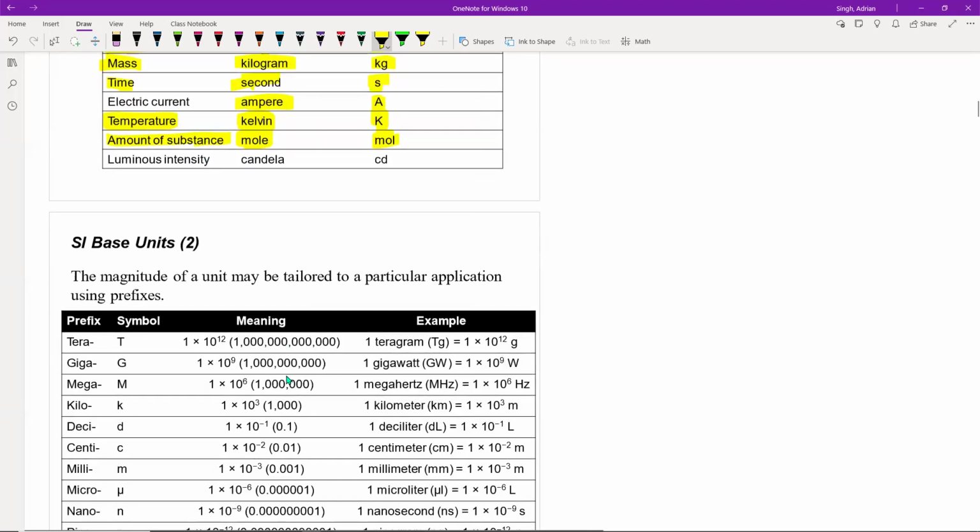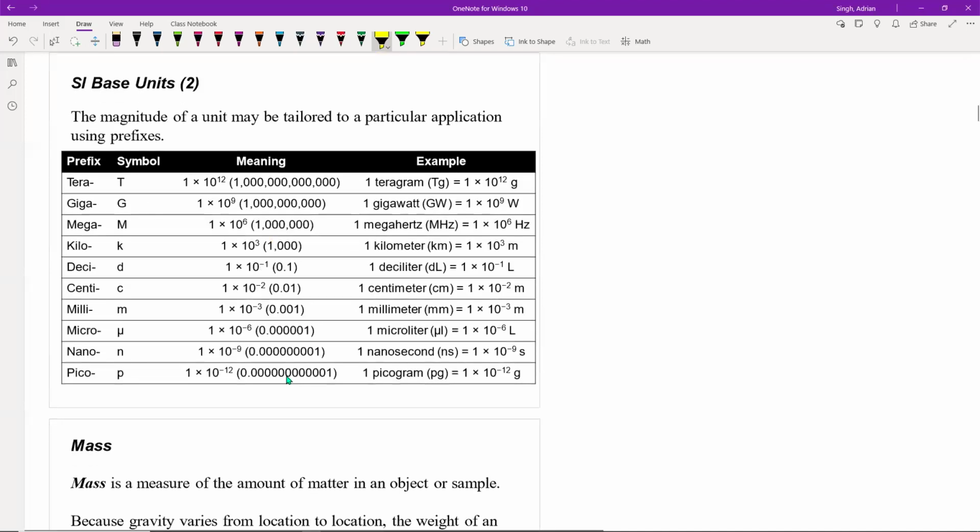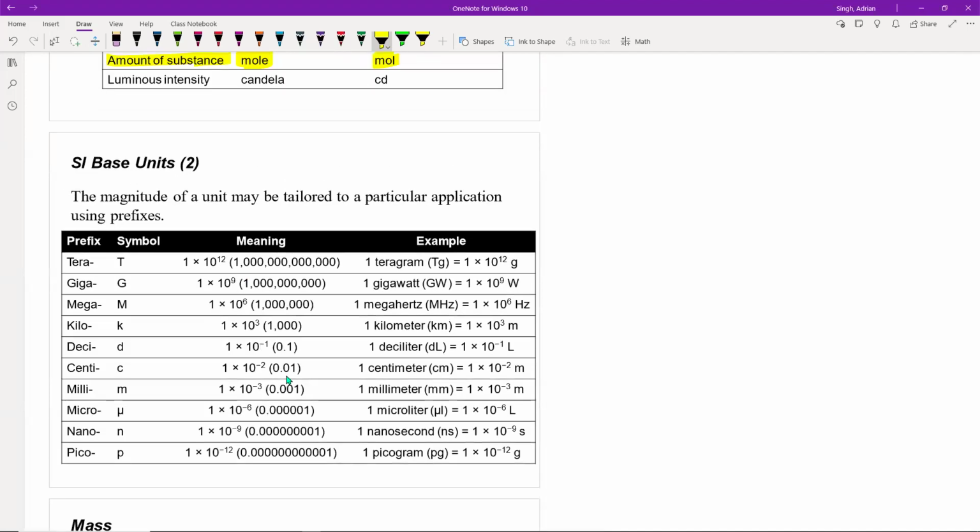Now, what makes the metric system, and the SI system by extension, very useful and very user-friendly is the fact that we use these prefixes that we simply stick in front of the base unit, hence the term prefix. And what these prefixes do is they change the size of the unit. Okay, they make the size either bigger or smaller.